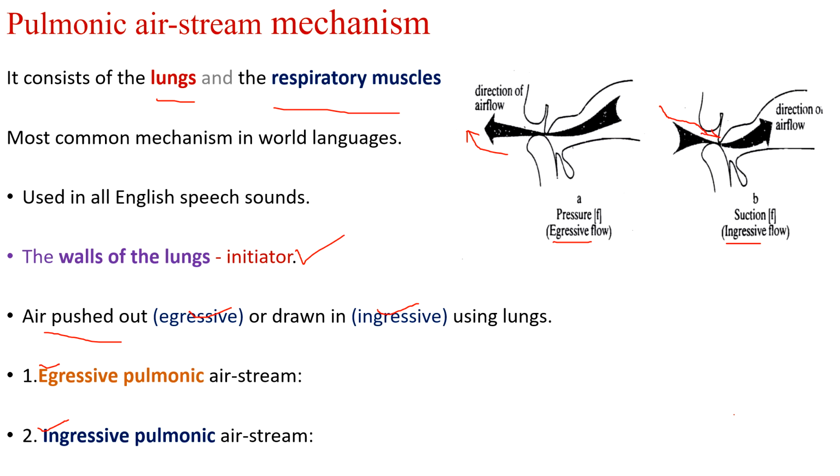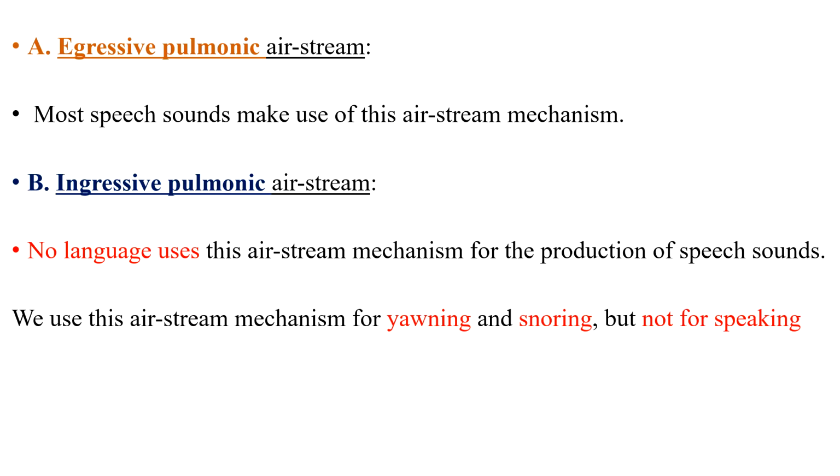This is the difference between egressive and ingressive pulmonic airstream. Two types of pulmonic airstream mechanisms: egressive and ingressive. Pushing air out of our lungs is egressive, and drawing air into lungs is ingressive.